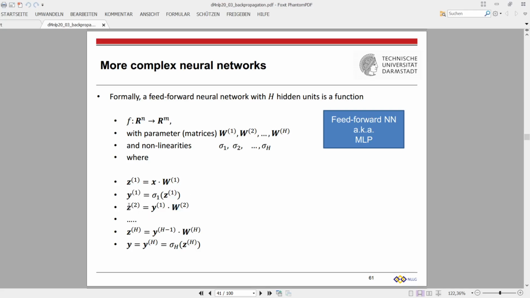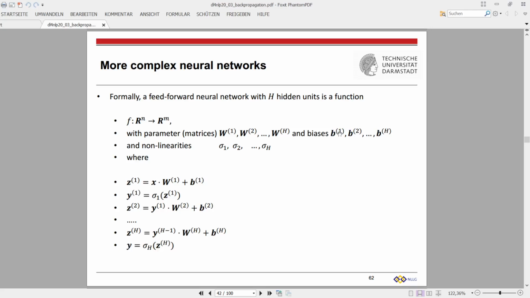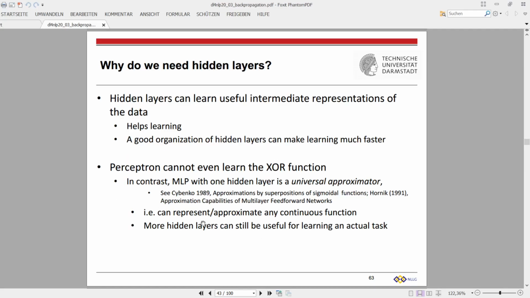We get another pre-activation, and we do so until we end in the final layer, and we get the activation of our neural network in the final layer. And of course, we have these bias terms also, these bias weights that we should always keep in mind, but we usually drop for ease of notation.